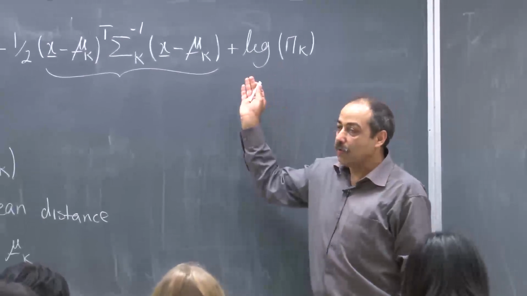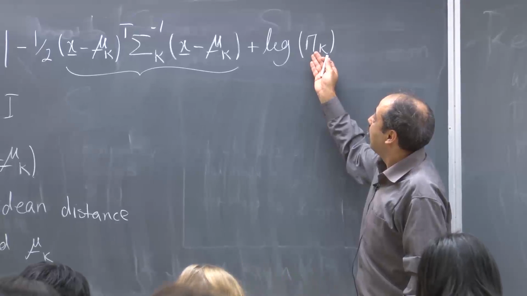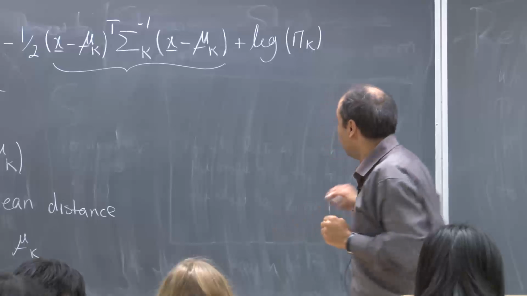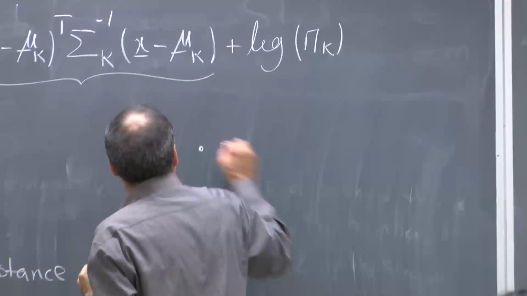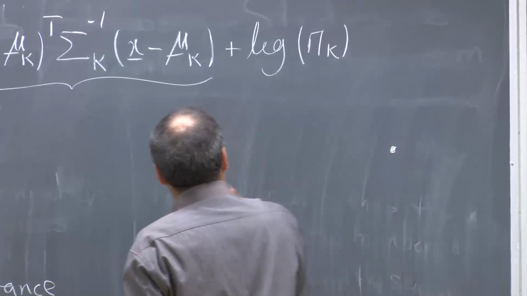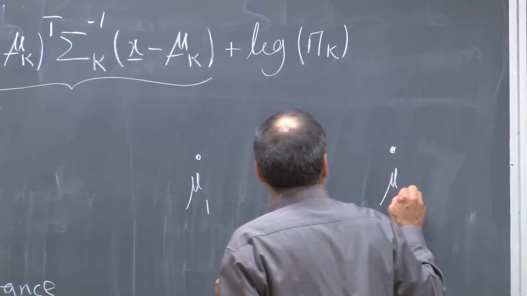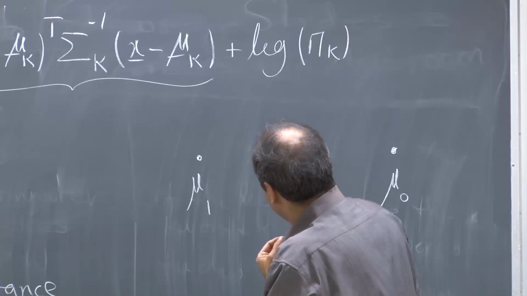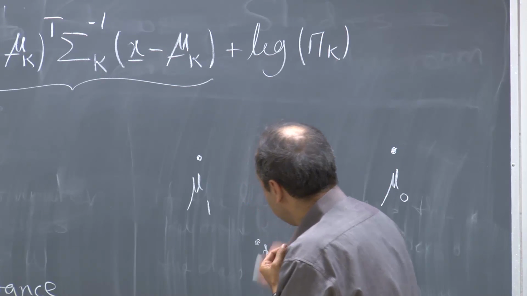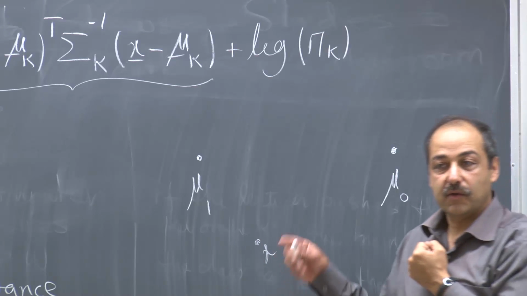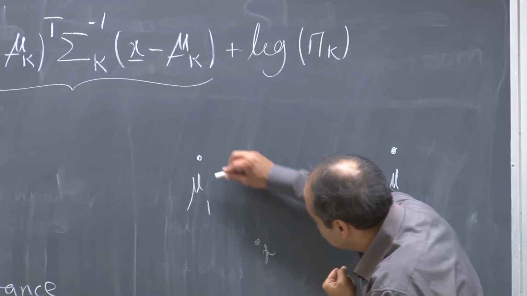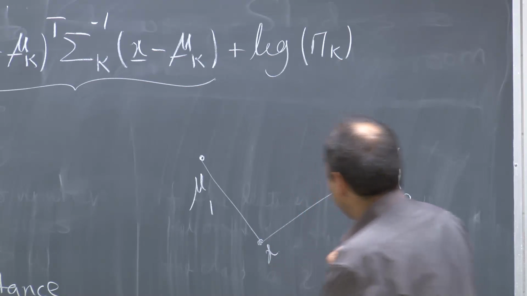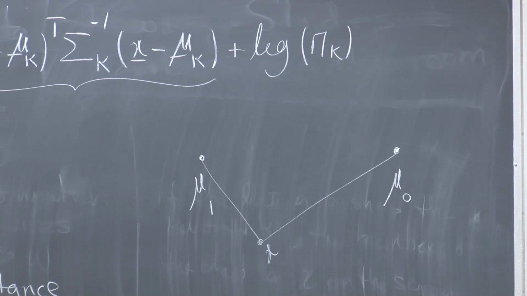So just imagine for the moment that pi k is equal for all classes, so we have the same prior over different classes. If that's the case, in a very simple case that I have a two-class problem, when I want to decide whether this point x belongs to class 1 or class 0, simply I have to look at the distance and compare these two distances.